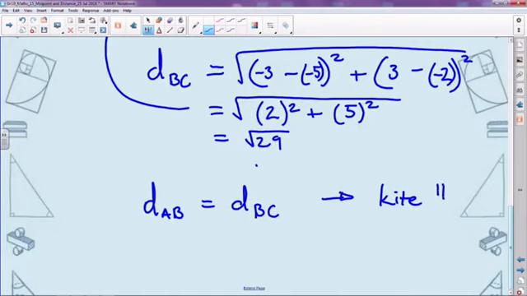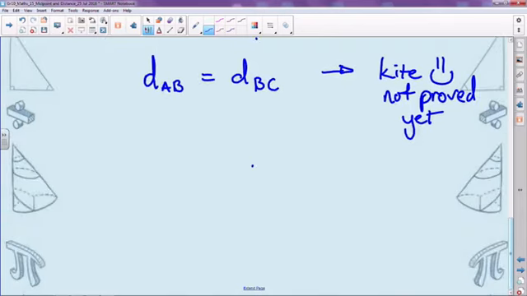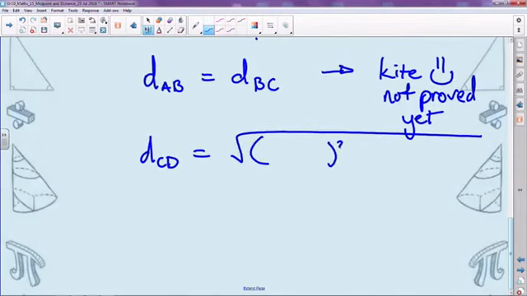But have we proved it yet? Not proved yet. We still need to do the other set, but we're on the right track. So the distance of CD. Set up the calculation, put the minuses in.